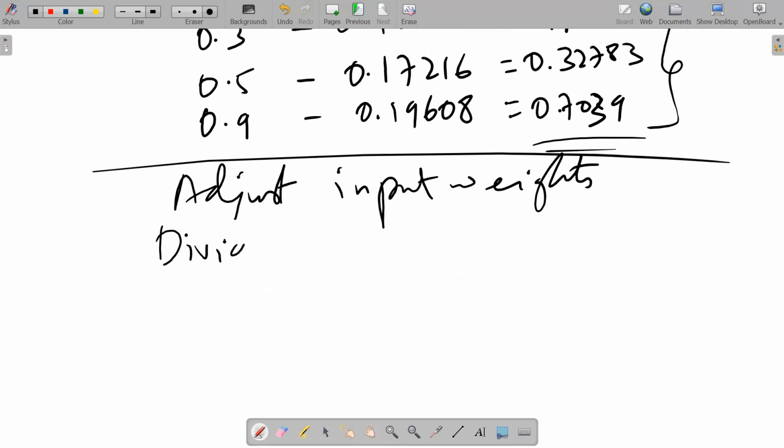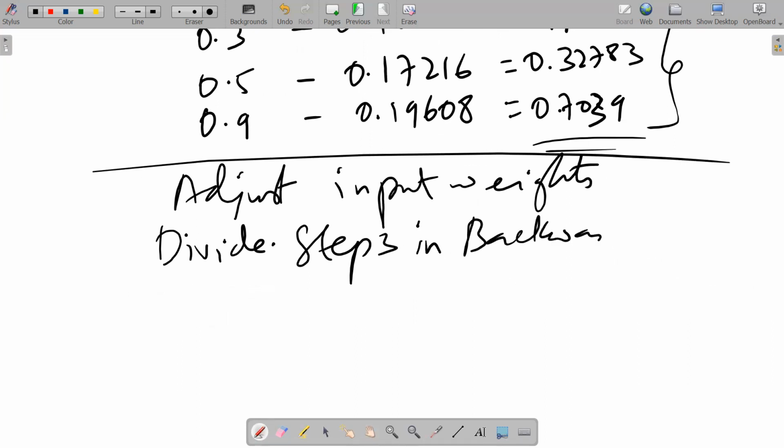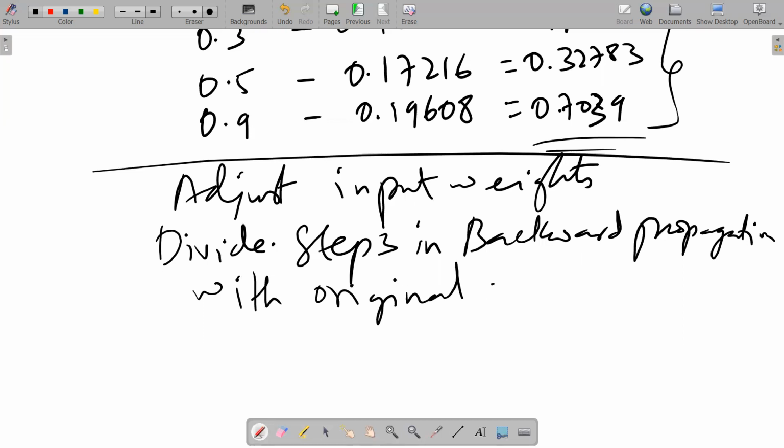Divide step 3 in backward propagation by the original output weights.